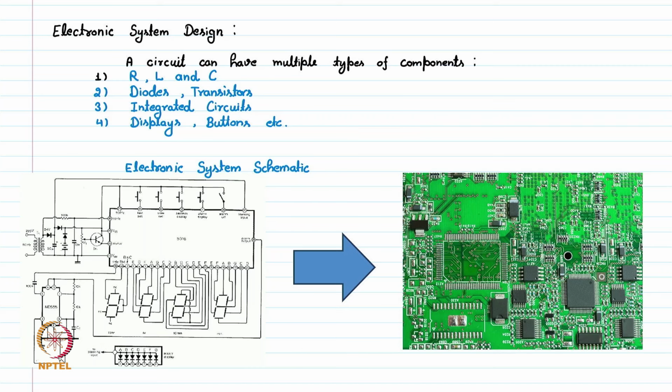On top of this we have multiple components together. We may have resistors, inductors and capacitors along with these ICs. These black colored components are our ICs, which are semiconductor based devices in packaged form.